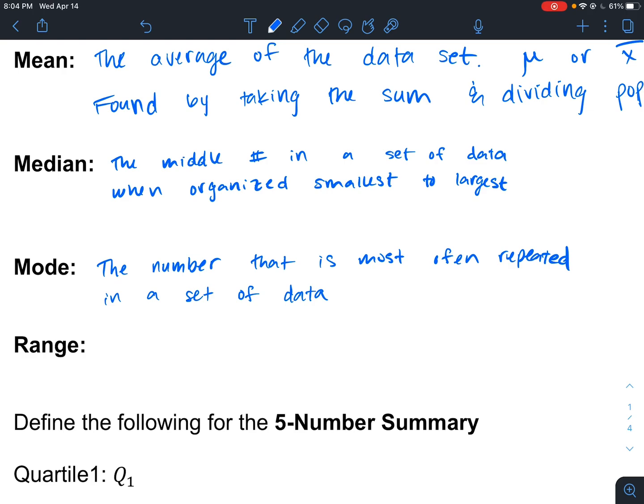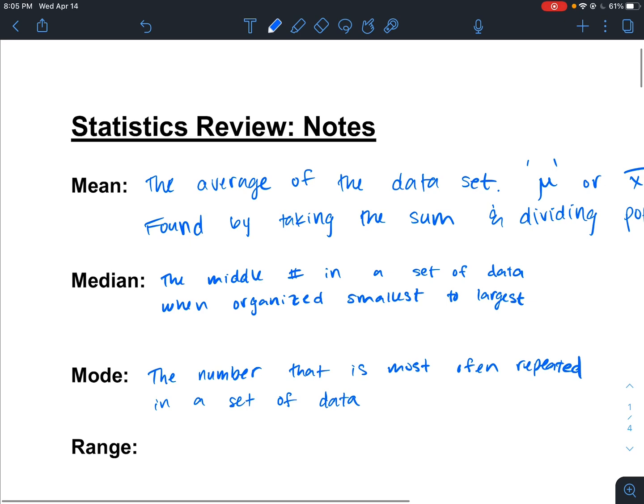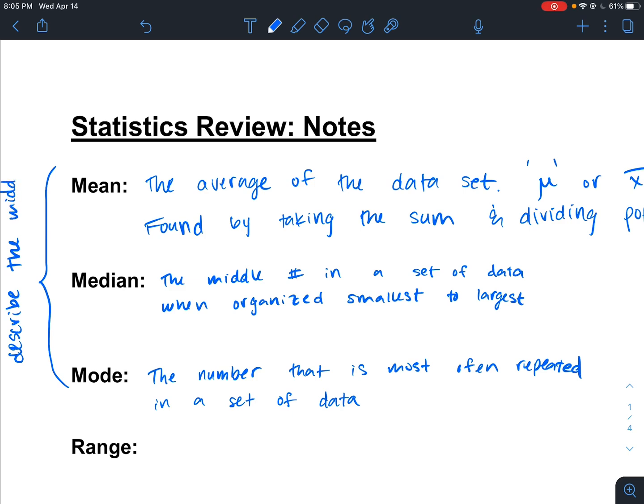Now these three terms, the mean, median, and mode, help us describe the middle of the data.